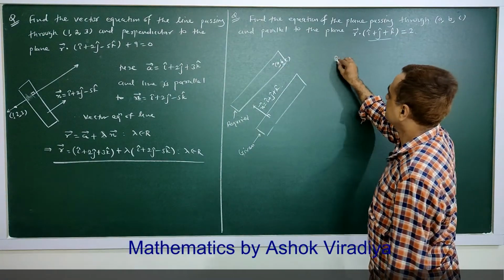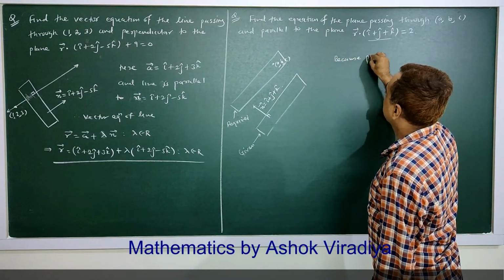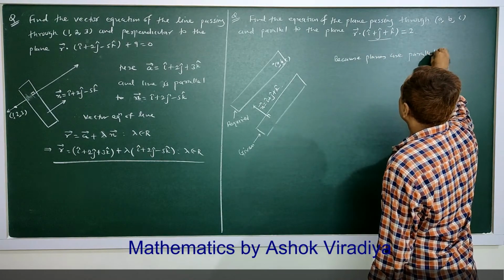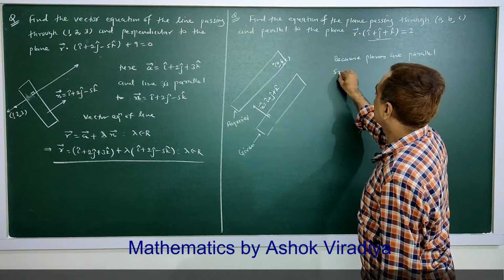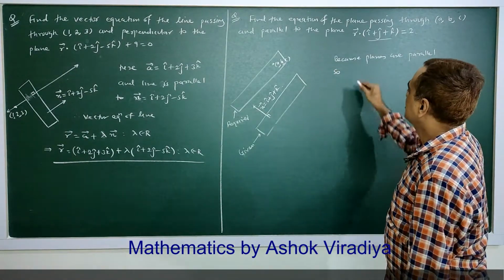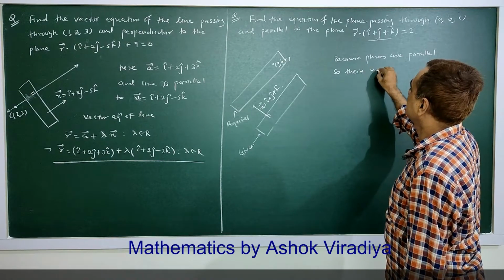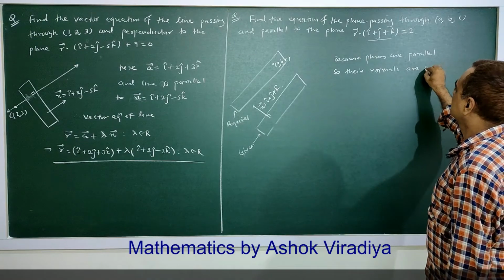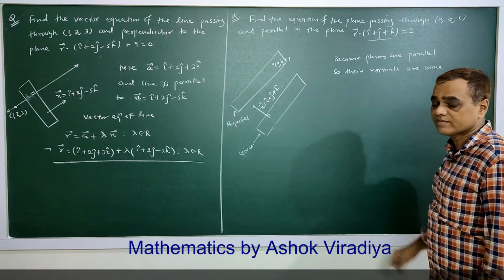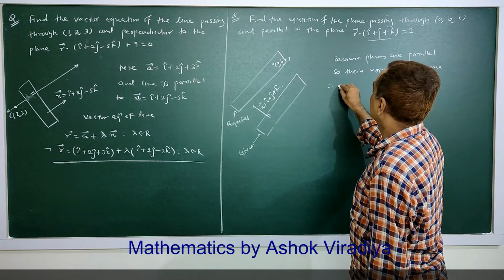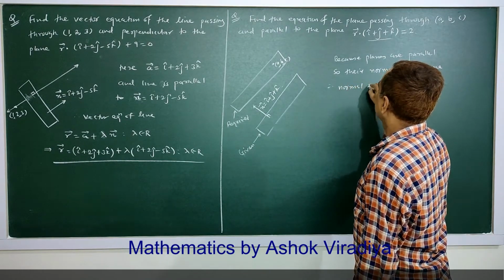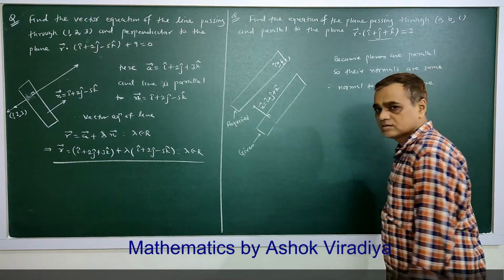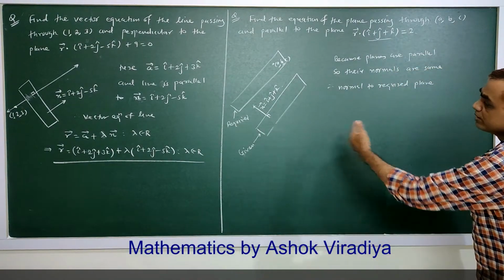Because planes are parallel, their normals are the same. Therefore, the normal to the required plane is the same as the normal of the given plane.